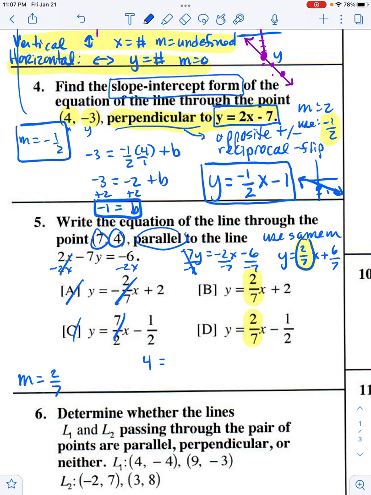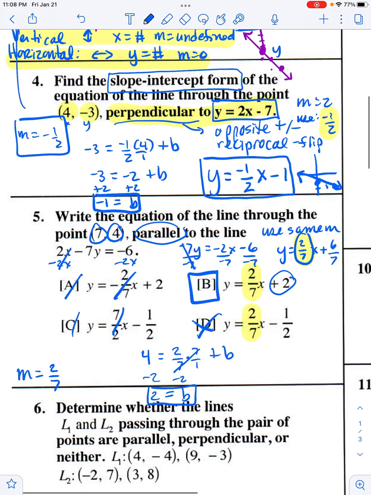So y, which is 4, equals m, which is 2/7, times my x, which is thankfully 7, because that's no big deal, then the 7s will cancel, plus my mystery b value. The 7s cancel. I have 4 equals 2 plus b. Taking that 2 away, I get a b value of 2, not a half or -1/2. So in the end, B is the correct line. That will go through (7, 4) and be parallel to the line they gave me.